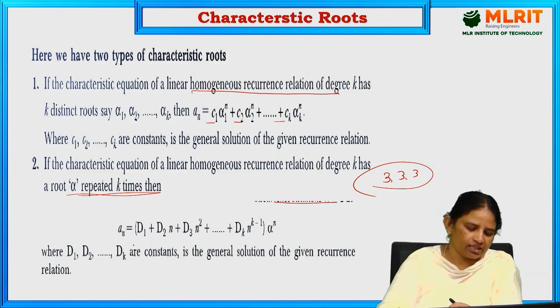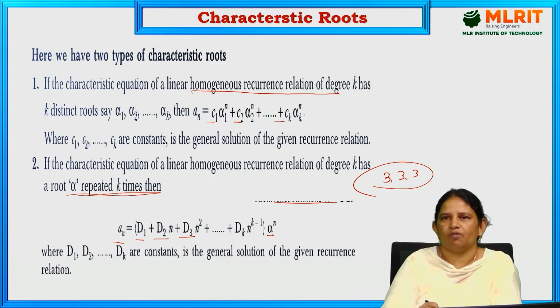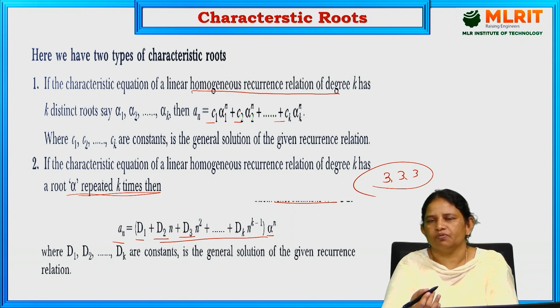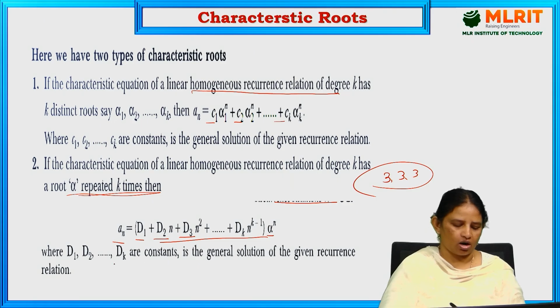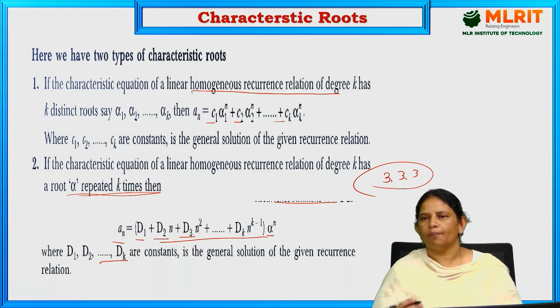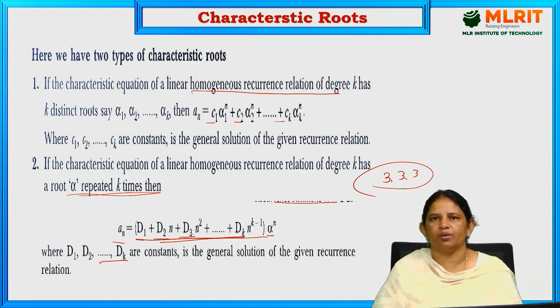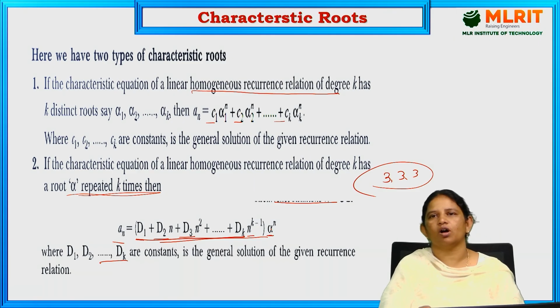Then we have to write the solution as an equal to d1 plus d2 n plus d3 n square and so on dk n to the power of k minus 1 into alpha to the power of n. This is the solution if the characteristic equation consists of repeated roots, where d1, d2, d3 are constants. We can take any constants, no problem.